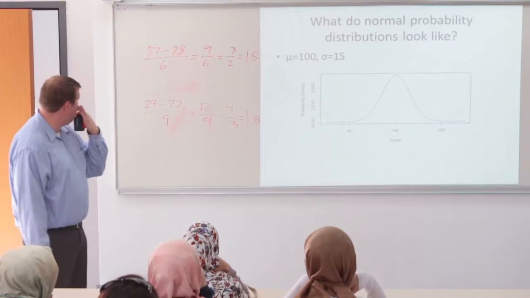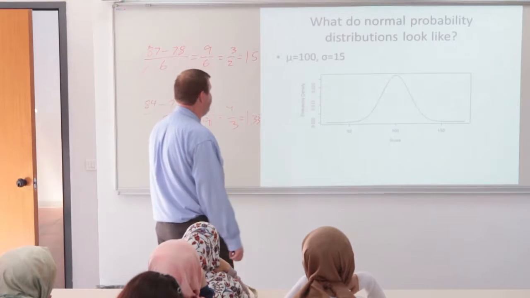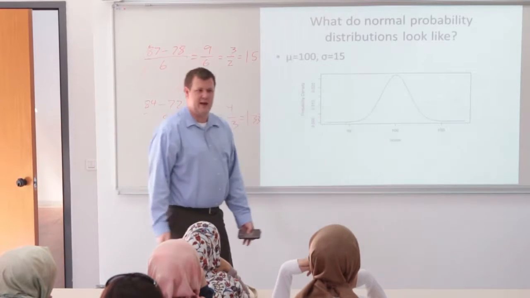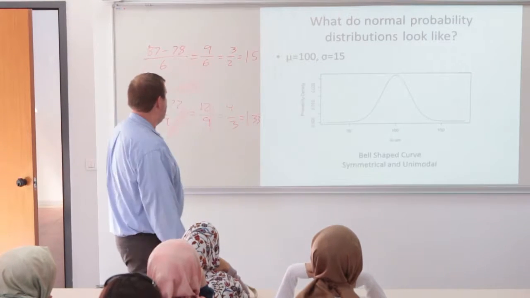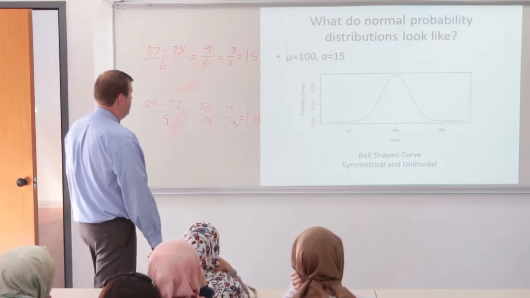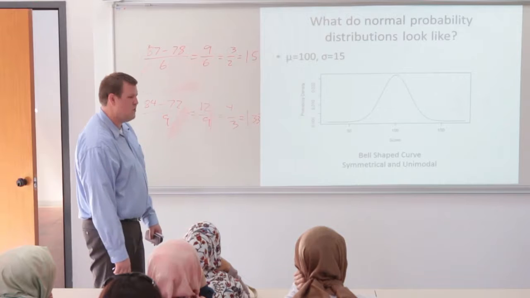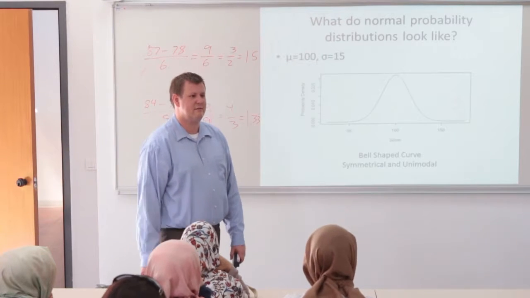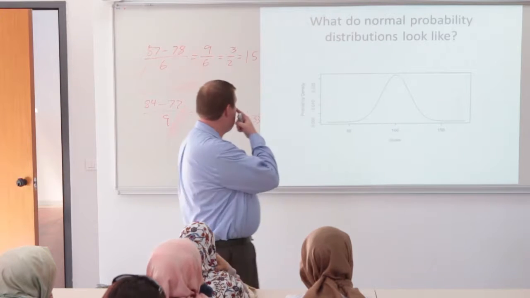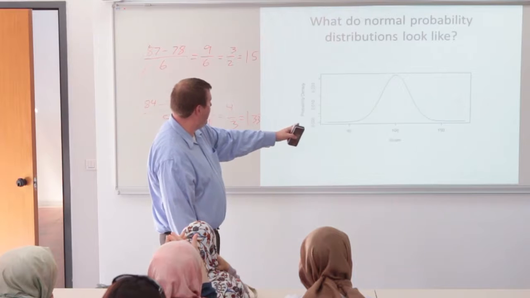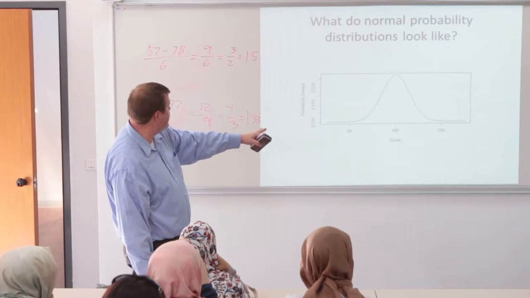So with a mean of 100 and a standard deviation of 15, we have a normal distribution that looks like that. So it's a bell-shaped curve, it's symmetric and unimodal.